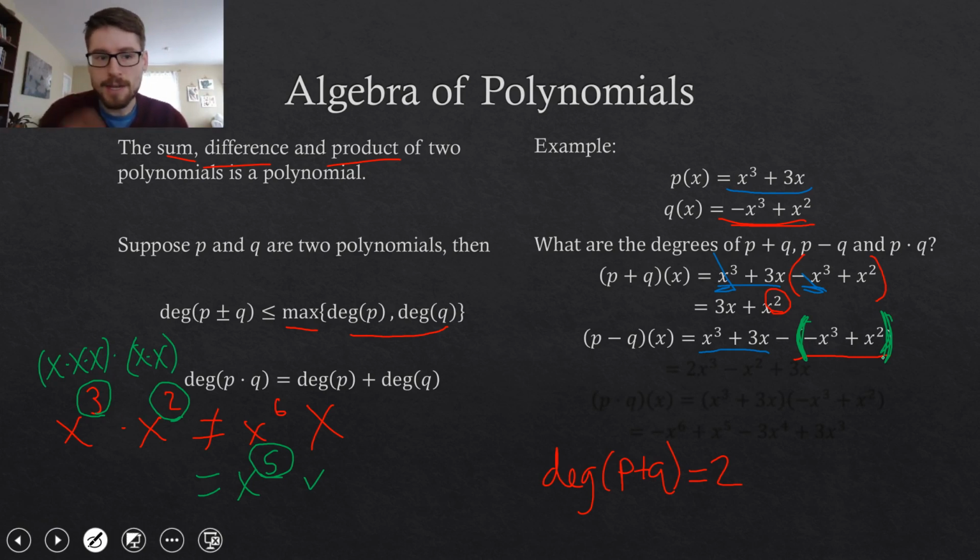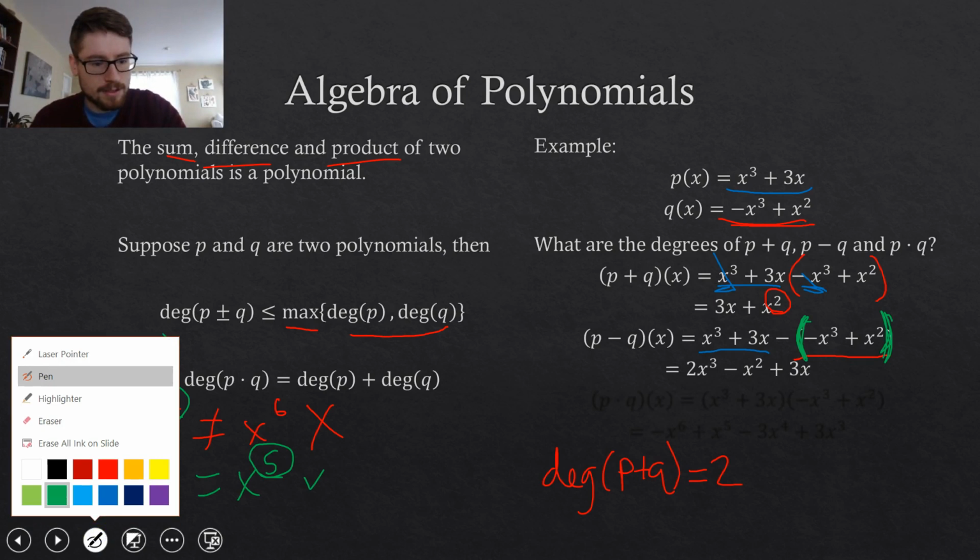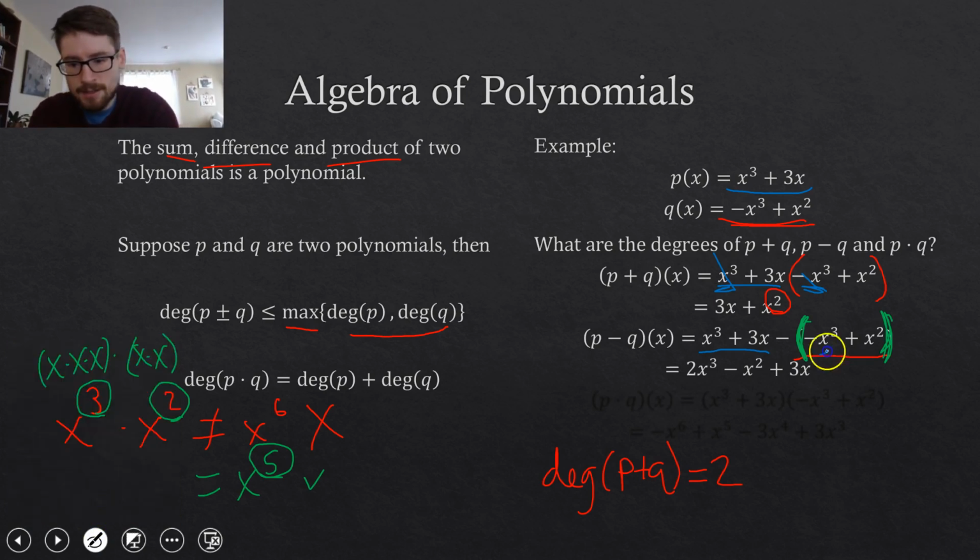So when we do this, we get x cubed minus negative x cubed, which is going to be 2x cubed. So those two first terms are going to combine, and you get 2x cubed. And then we have a minus x squared, because this negative sign distributed to both things. We have minus x squared, and then plus 3x.